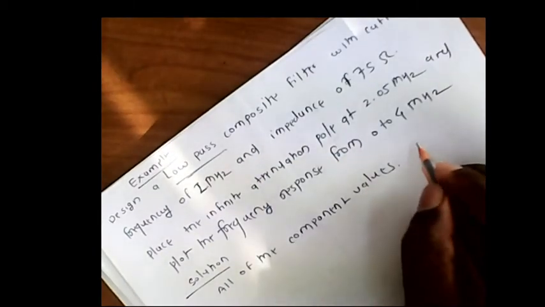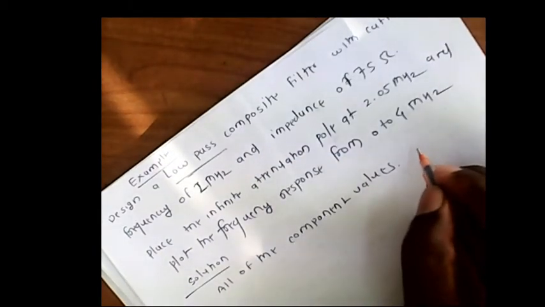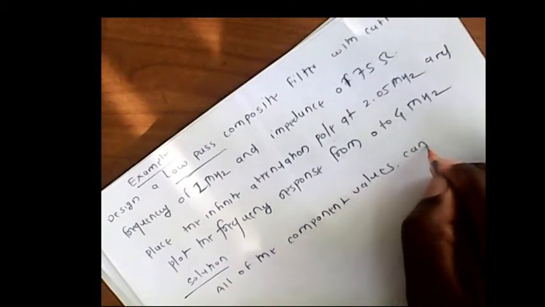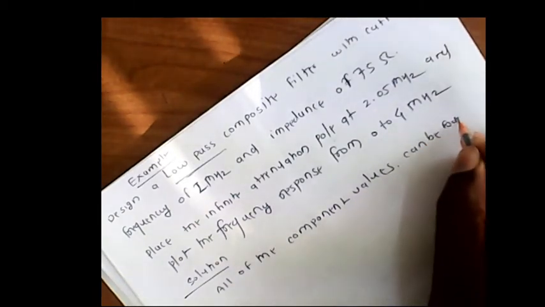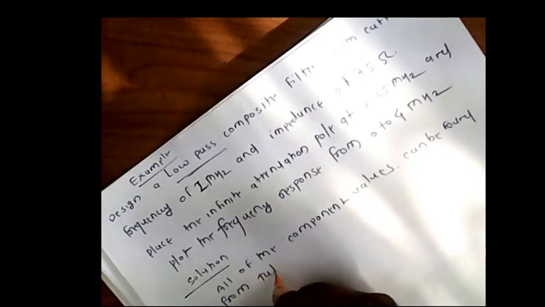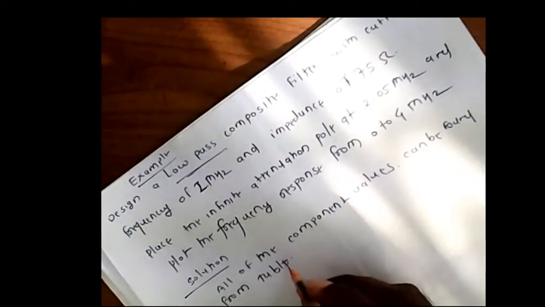So values can be found from the given table, which is mentioned in your microwave engineering book, chapter number 8, from this low pass filter design.